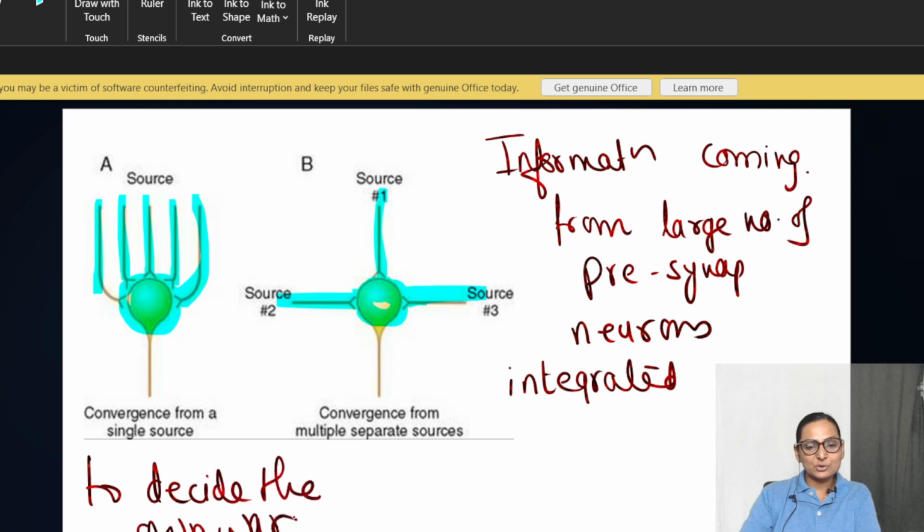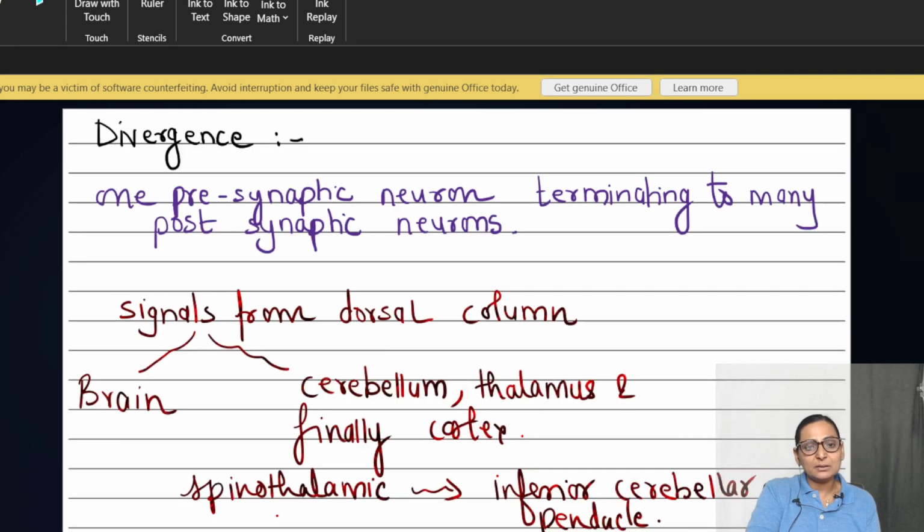So don't you think this property of convergence is basically telling something same as the anatomical spatial summation, isn't it? You can see it is nothing but a kind of anatomical spatial summation where you are bringing inputs from different sources to converge on one terminal. So it is just a reflection of an anatomical kind of spatial summation.